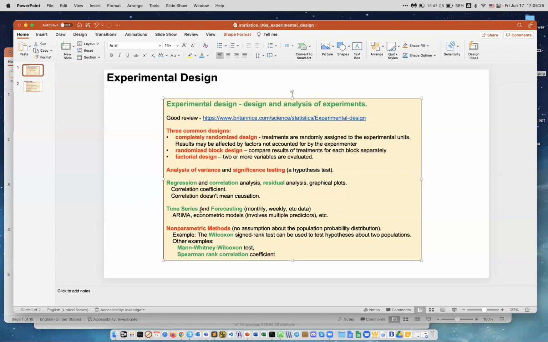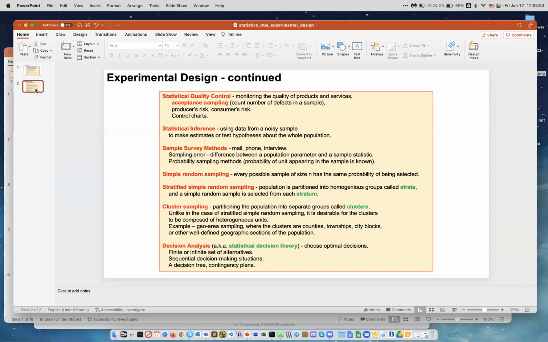Time series and forecasting, monthly, weekly data, ARIMA, econometric models, and so on. Non-parametric methods when there is no assumption about the population probability distribution. For example, the Wilcoxon signed rank test can be used to test hypotheses about two populations, and some other examples.